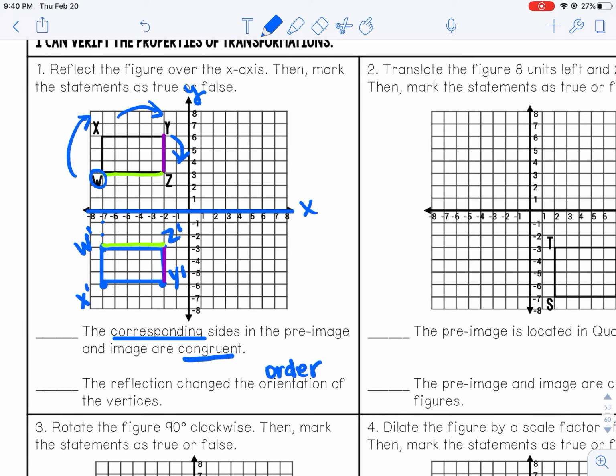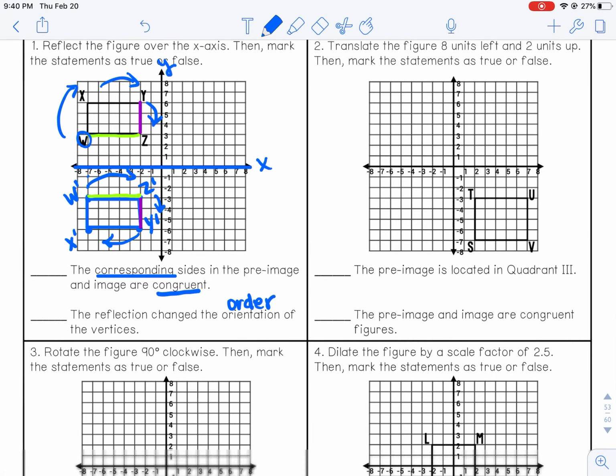And if you start with W down at the bottom, and you also go in a clockwise fashion, are your vertices in the same order? Number 2 is kind of like that too. It does talk about the quadrants. So I want to make sure that you're good with how they're numbered. You are expected to know that this is quadrant 1, quadrant 2, quadrant 3, and quadrant 4. So go ahead and answer those questions.